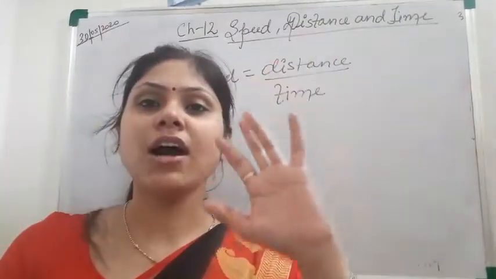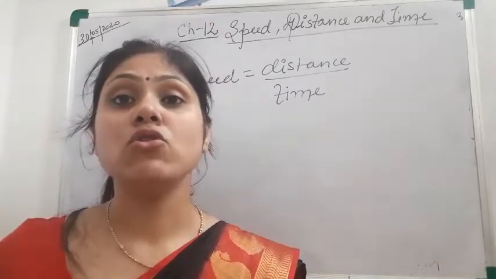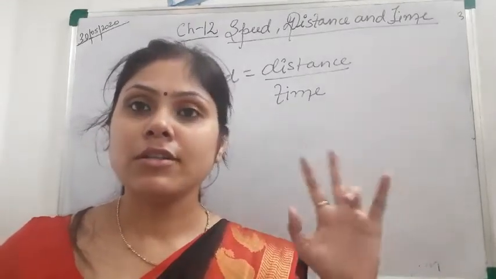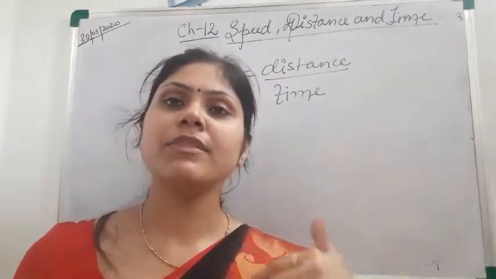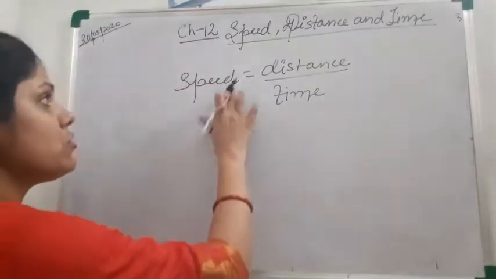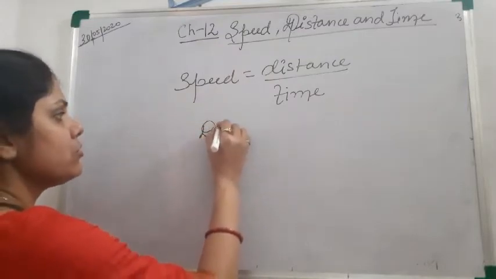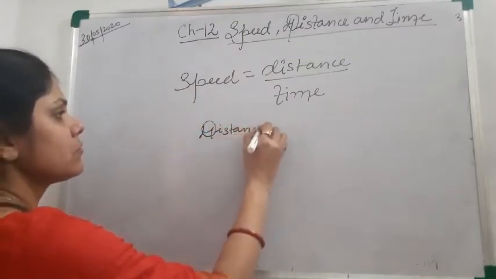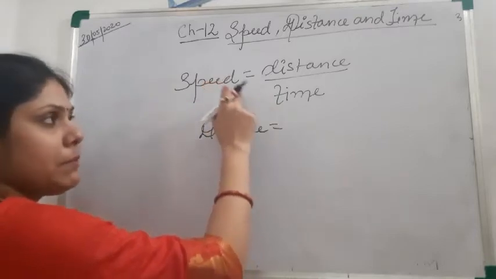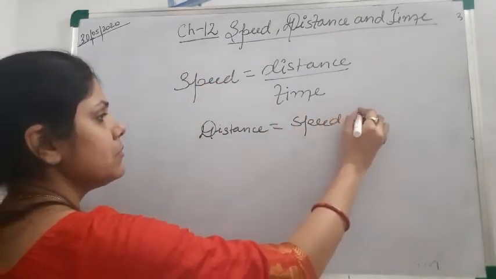If you start learning all the formulas, there will be lots of confusion. So just learn one formula, and from that you can take out the rest of the formulas very easily. Speed is equal to distance upon time. If you do cross multiplication, distance is equal to speed into time.